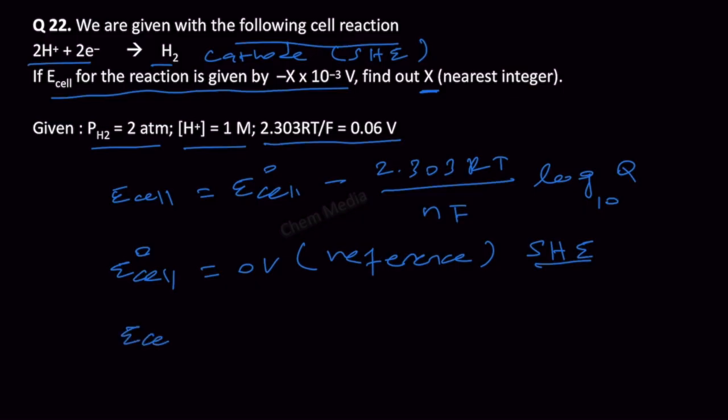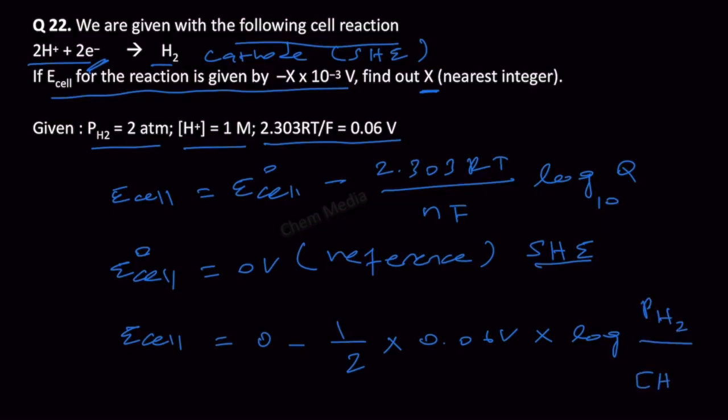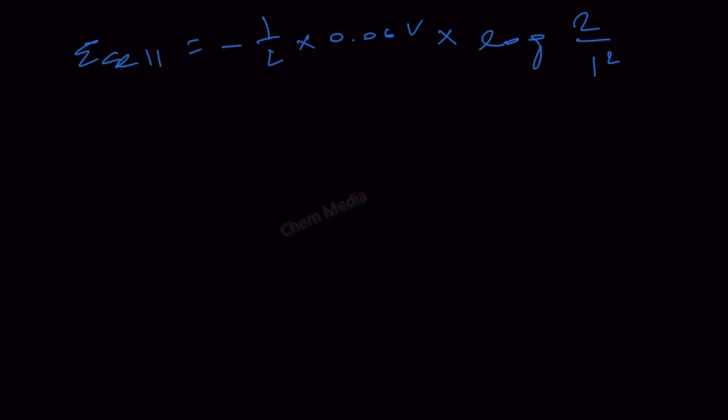Therefore E cell is equal to 0 minus 1 by n, where n here is 2 because it involves 2 electrons. Therefore minus 1 by 2 times 0.06 volt times log partial pressure of H2 divided by H plus square. So E cell is equal to minus 1 by 2 times 0.06 volt times log 2 by 1 square, and that will be simply log 2.